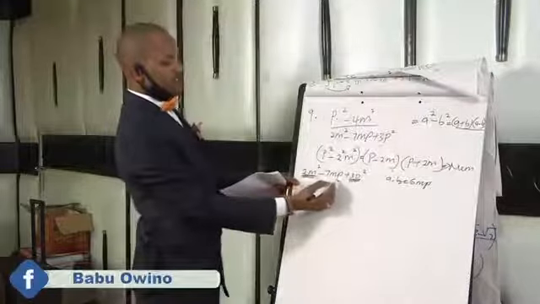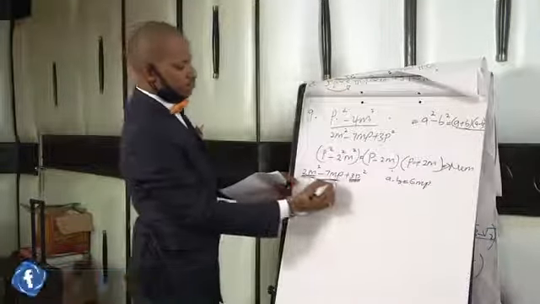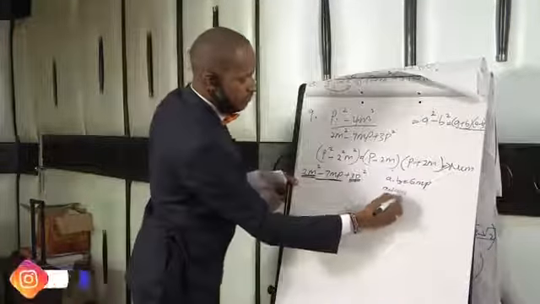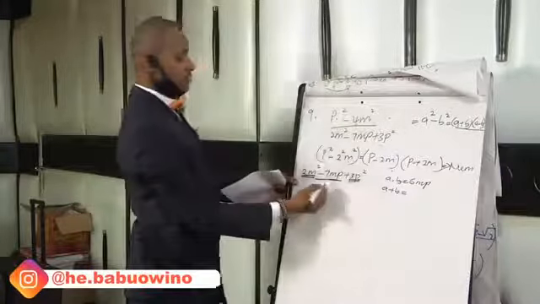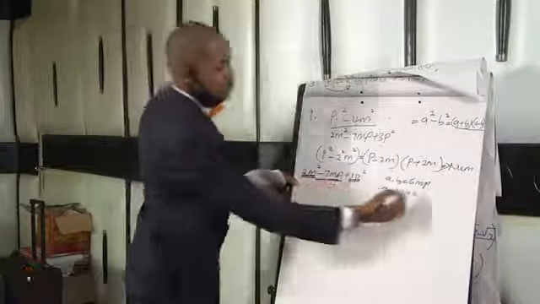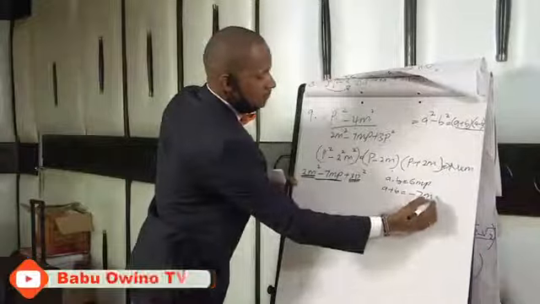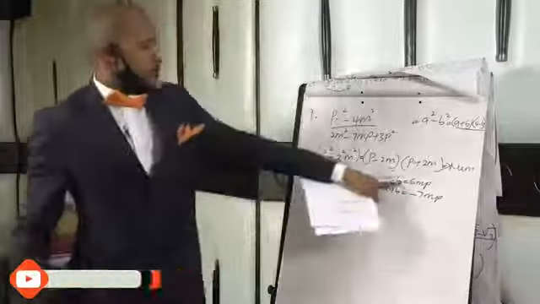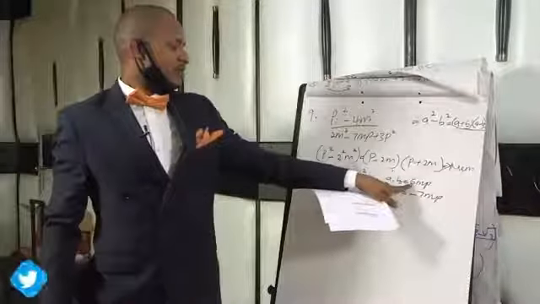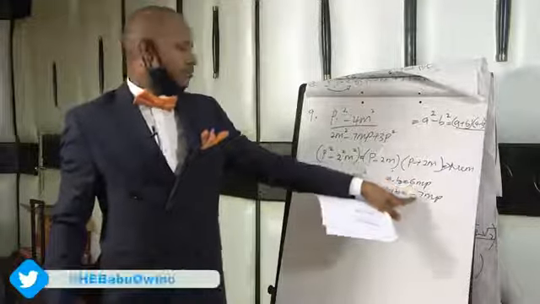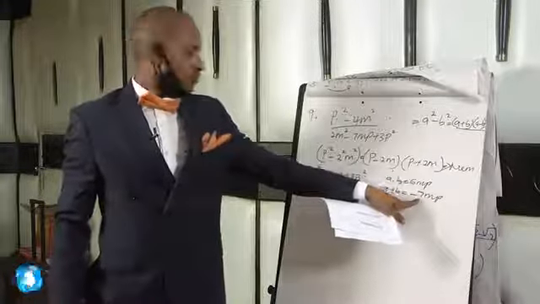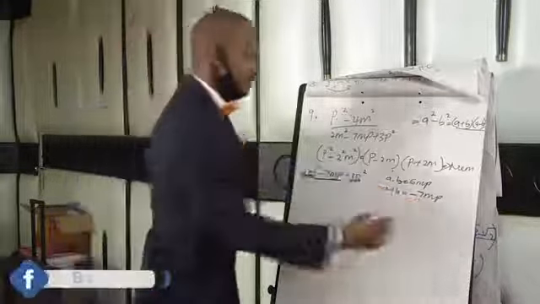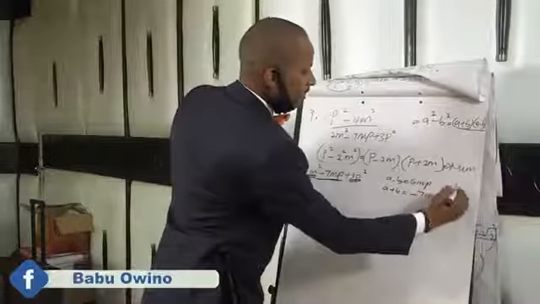But when you add the same two numbers, let the numbers be a and b, they give you minus 7mp. So we get two numbers that when we multiply give you 6, and when you add give you minus 7. The numbers are minus 1 and minus 6.